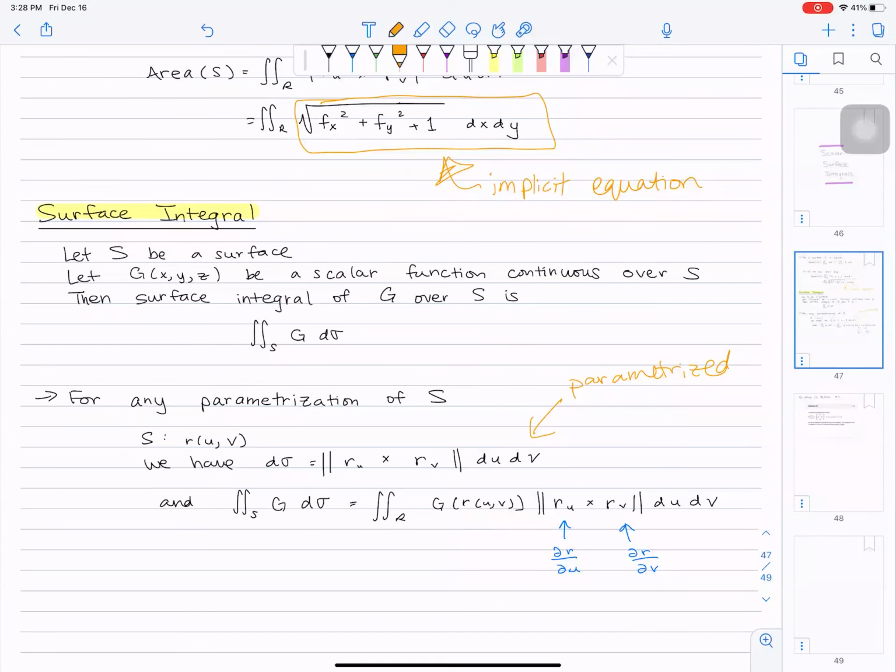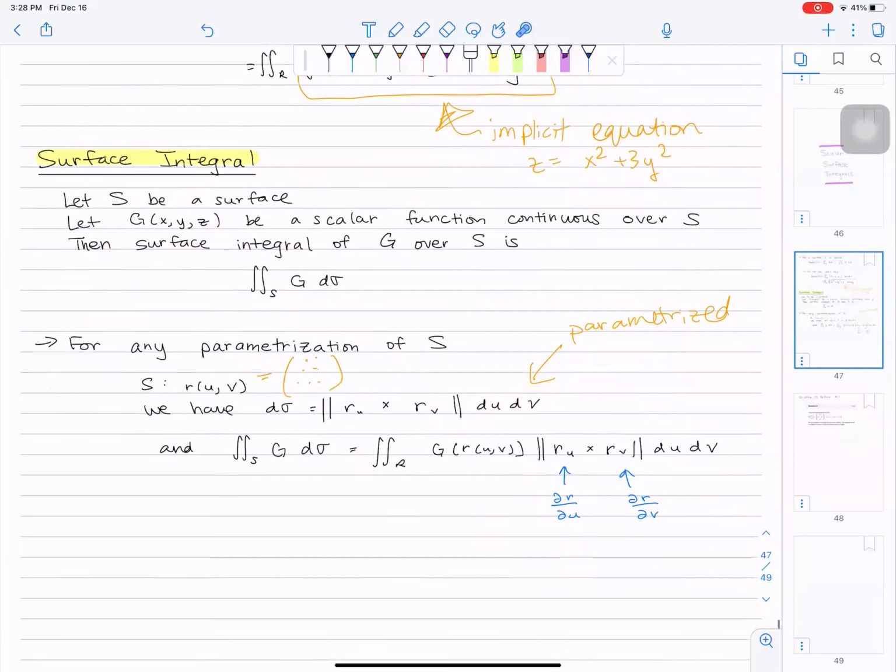So in other words, if they give you a surface like z equals x squared plus y squared, then you can take the partial with respect to x directly from this implicit equation, and the partial with respect to y directly from this. Whereas if you're given a parameterization of your surface, like something here, something here, something here, then you want to use this formula. Okay.